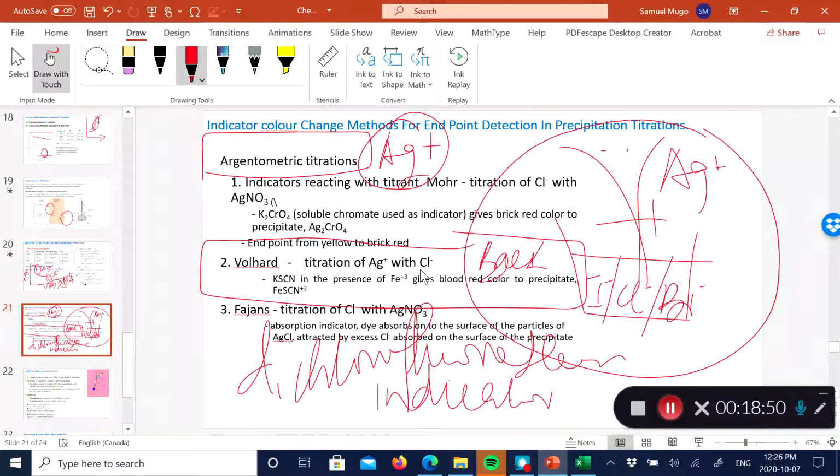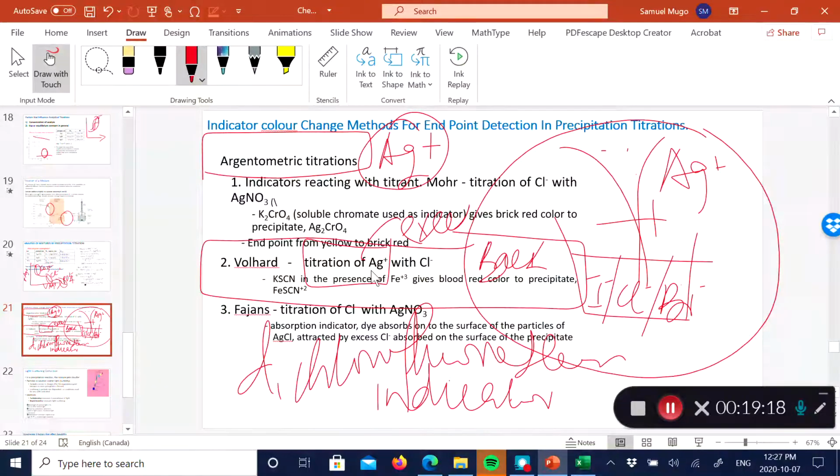All right, this is what you call a back titration. And the way you do this is you take the sample, maybe it has chloride, that's what you're analyzing. You add an excess of the titrant so that you react everything, for the chloride, okay? And so you're going to have an excess silver that you need to determine how much is there.